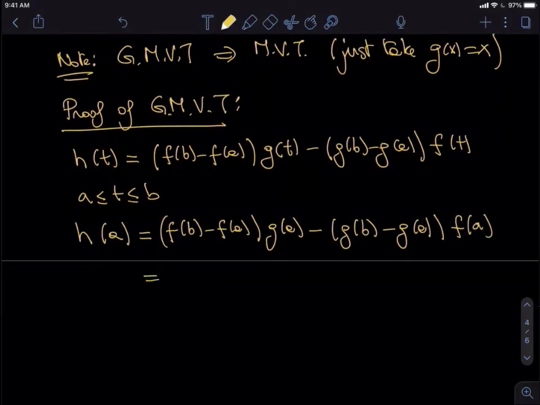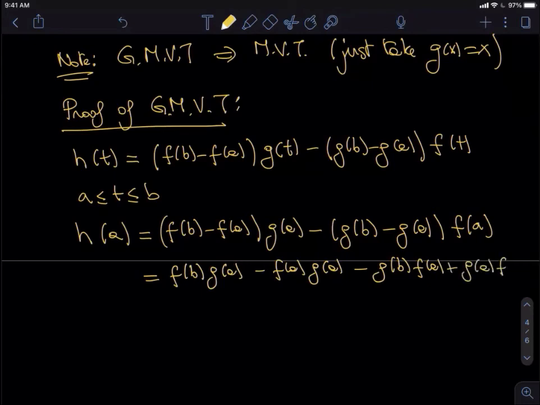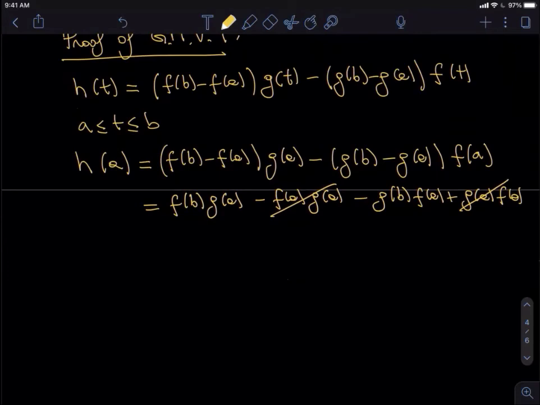Okay, and then here we can do the cross products, but we see f(b)g(a) minus f(a)g(a) minus g(b)f(a) plus g(a)f(a), and there is a cancellation. Okay, you saw that? But then if I compute h of b, on this part you check, I get exactly the same.